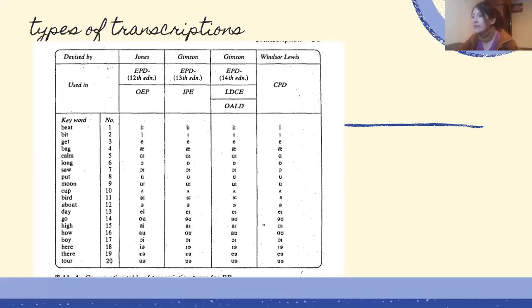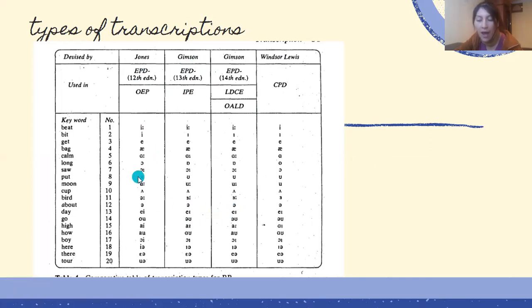We can see here the types of transcription. What is the difference? Nowadays it is very controversial which is the best for teaching purposes. There are three: Jones, Jameson, and Windsor Lewis. We can see different types of transcription. Each one shows us different vowels and consonants, and the pronunciation.